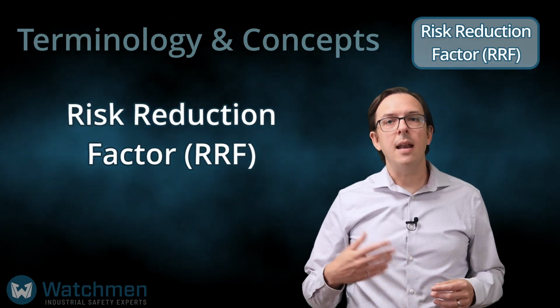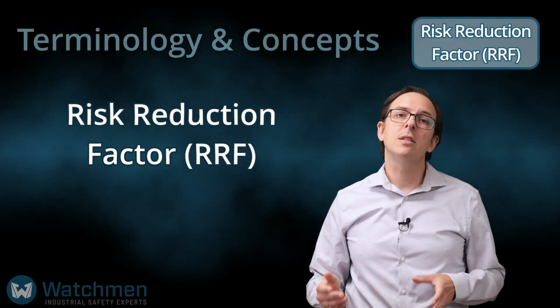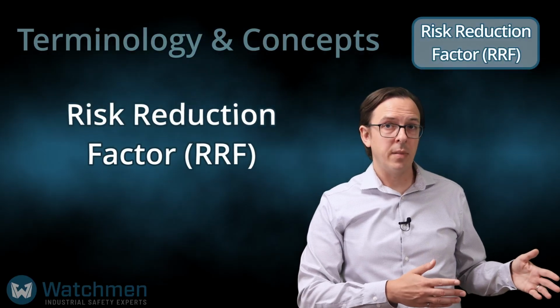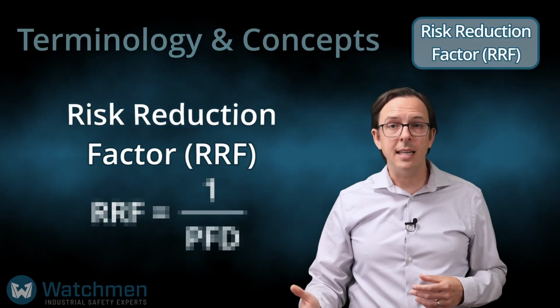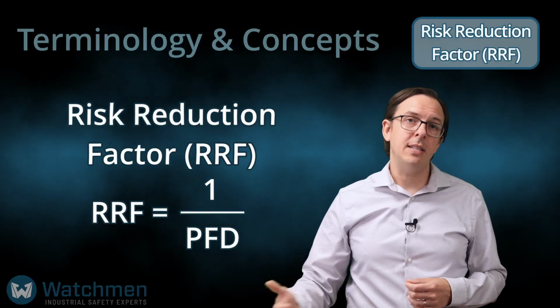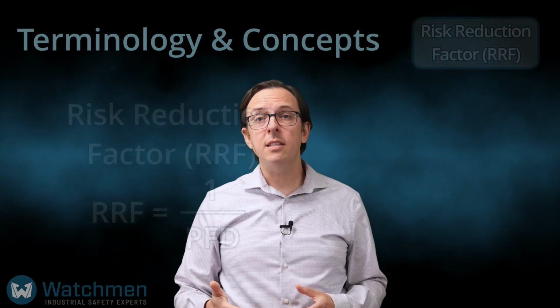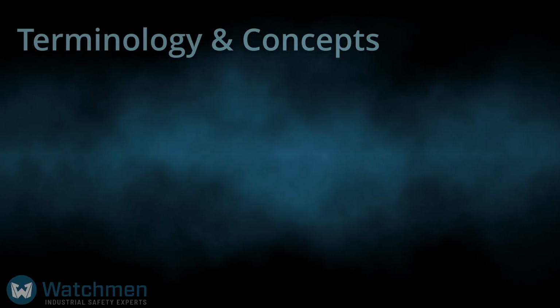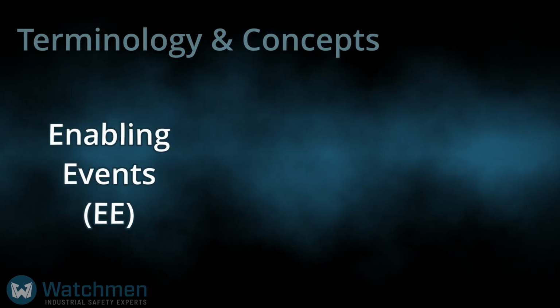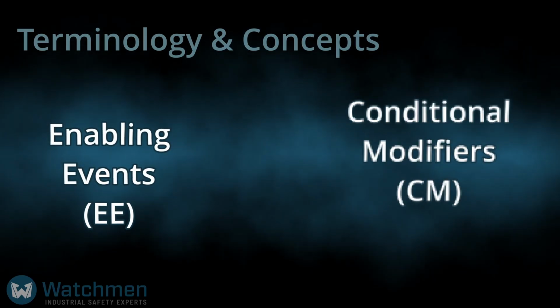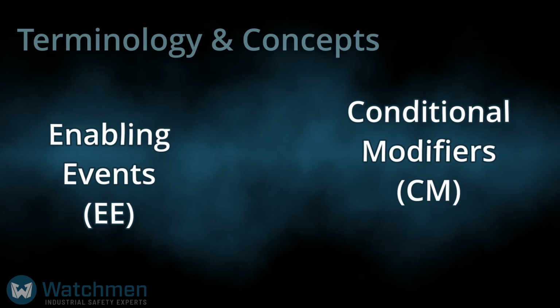For example, an RRF of 10 reduces the risk by a factor of 10. RRF is calculated as 1 over PFD. The sources of PFDs for IPLs are the same as for initiating event frequencies: company guidance or standards, industry publications, and other data sources. Enabling events, or EEs, and conditional modifiers, or CMs, come into LOPA.